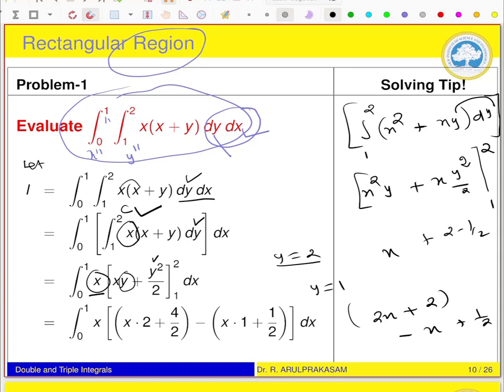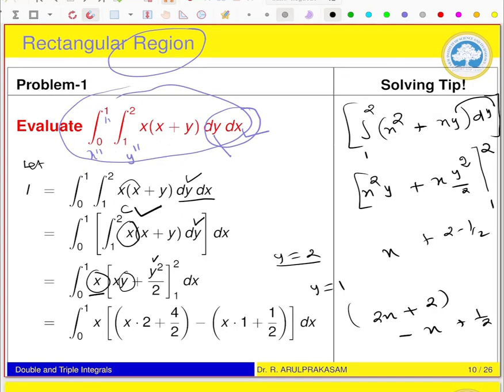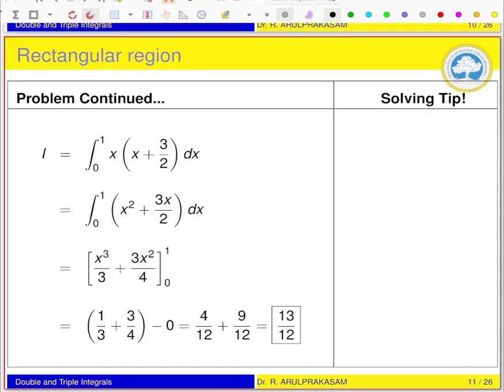It is 1 and a half, that is 3 by 2. Got it.